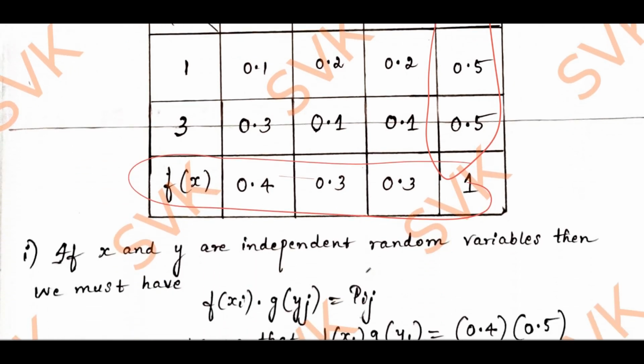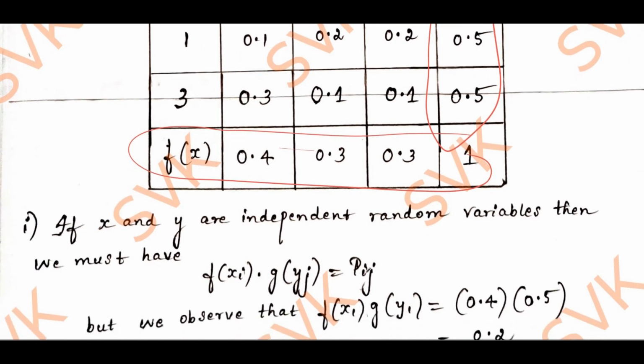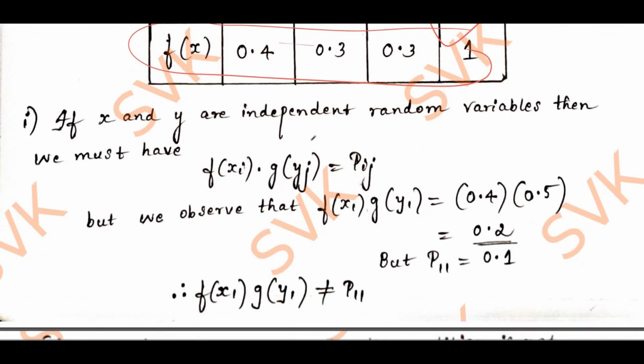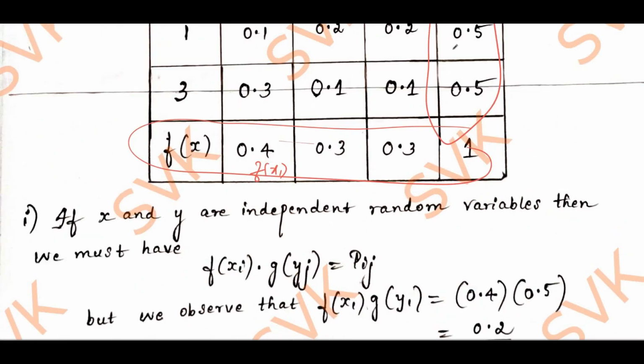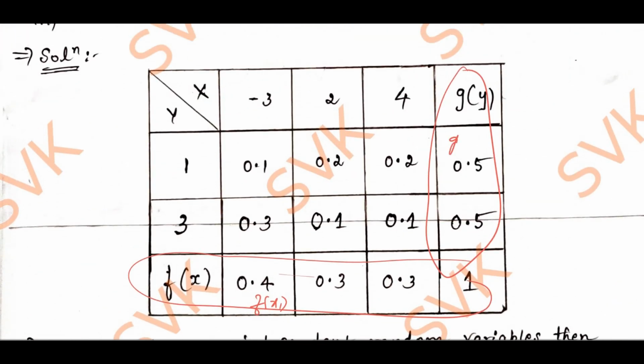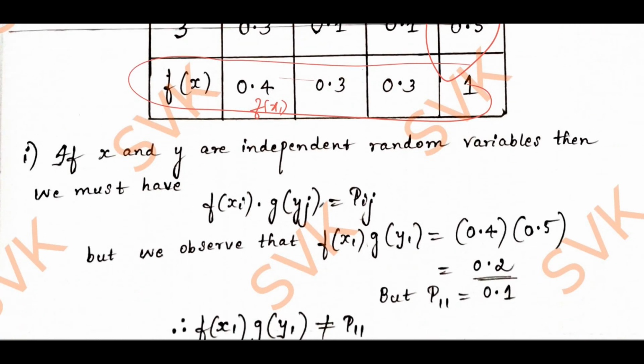After getting the marginal distributions of x and y, if x and y are independent random variables, then we must have the formula f of xi into g of yj equal to pij. So I am going with f of x1 into g of y1. This is the value f of x1, this is the value g of y1, and p11 is the value when x is 1 and y is 1.